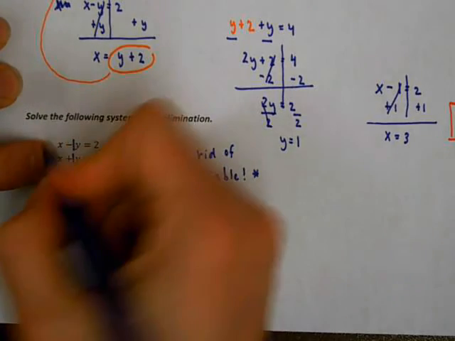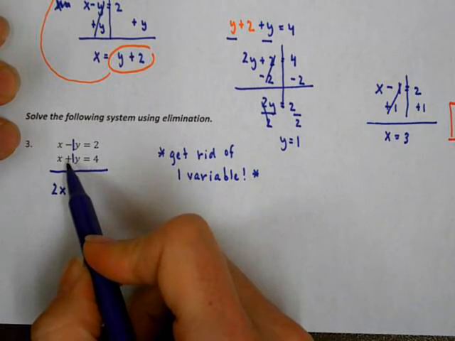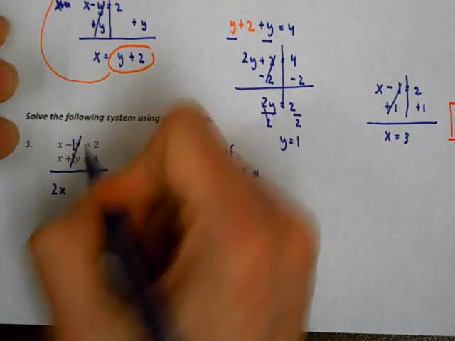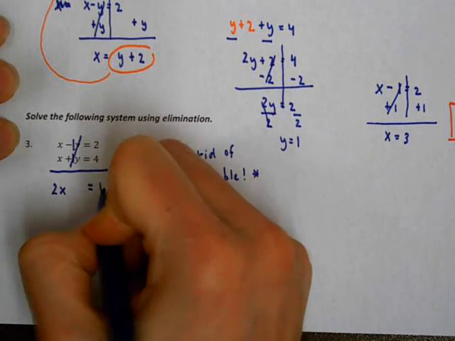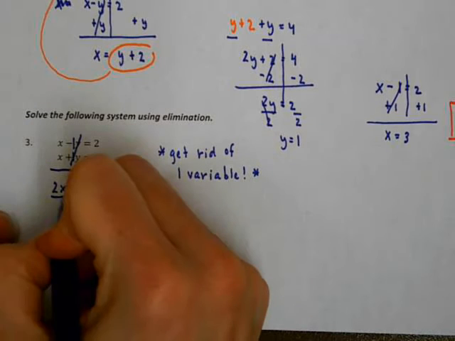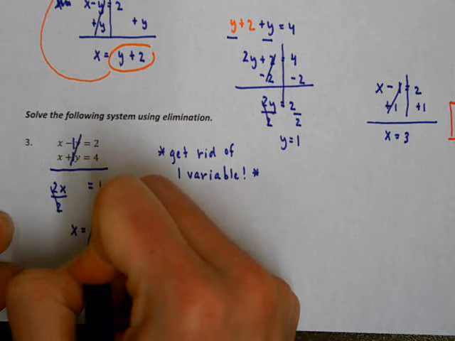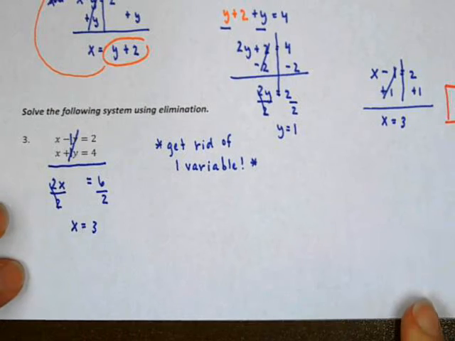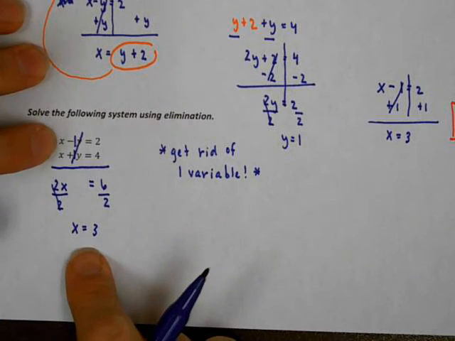So x plus x is going to give me 2x. A -1 plus 1 gives me 0. If I do 4 plus 2, I get 6. So now I can divide by 2, and I get x is equal to 3. So now I'm going to take that 3 and plug it into my original equation.